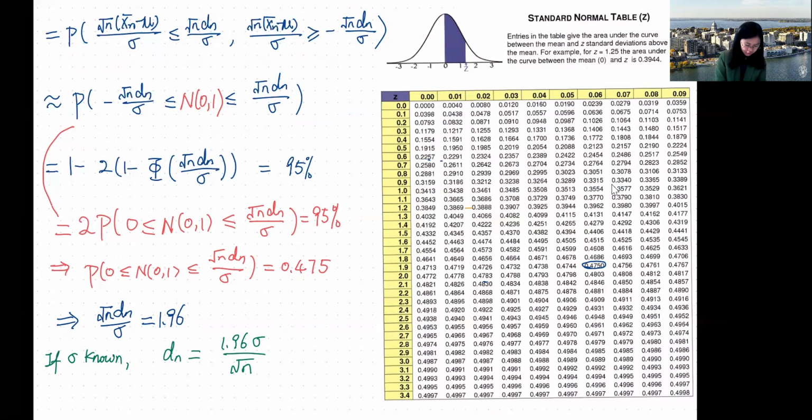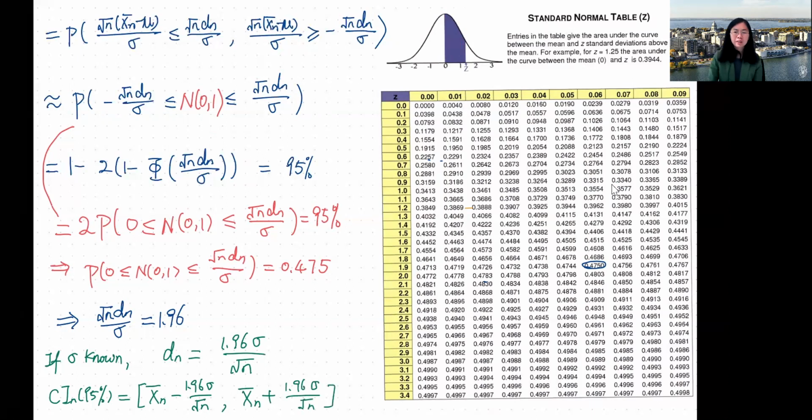So the confidence interval, the CI of 95%, is Xn bar minus 1.96 sigma divided by root n, and Xn bar plus 1.96 sigma divided by root n. So that will be the symmetric confidence interval of confidence level 95%.